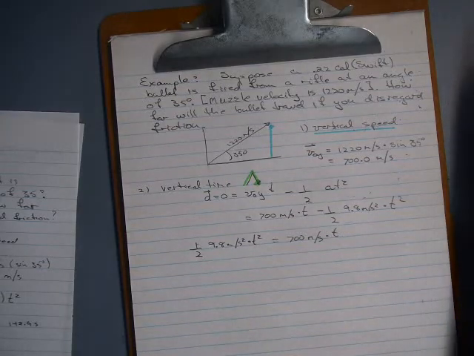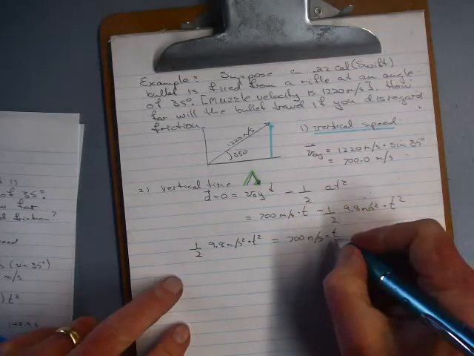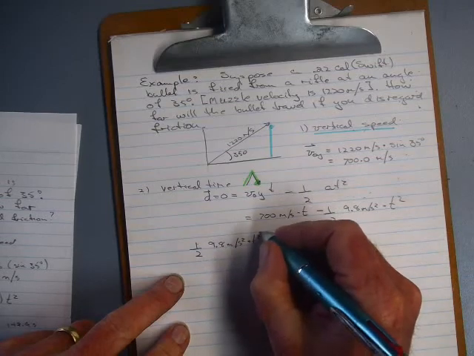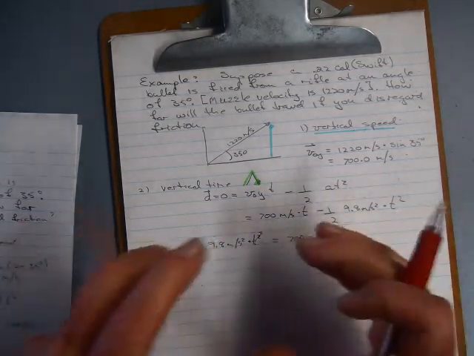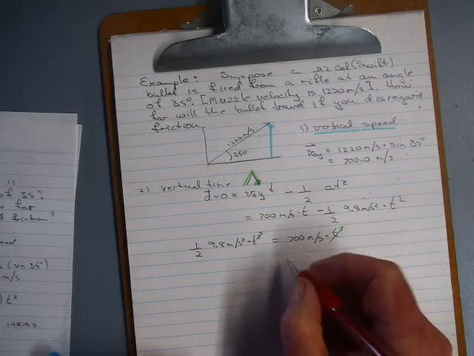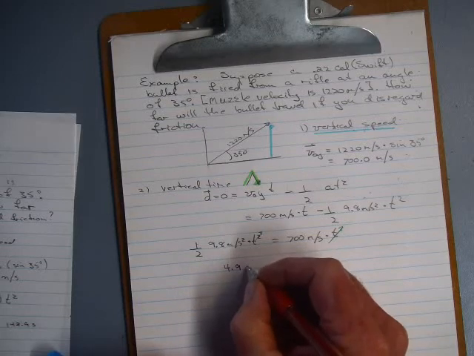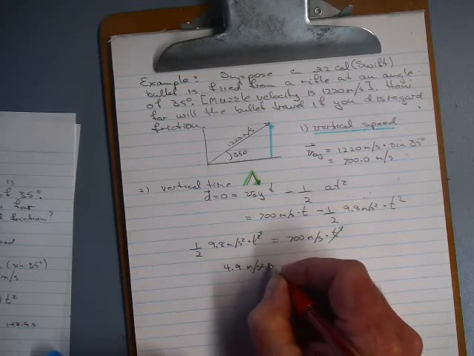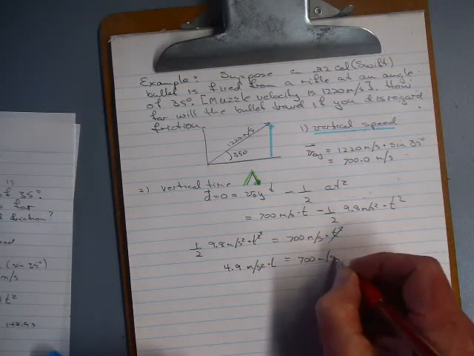Because I've got the t term on both sides, I can cancel. So I'm going to cancel the t out of here and cancel one of them here. Now I'm going to simplify it as well in this next step. This is going to be 4.9 meters per second squared times time is equal to 700 meters per second.